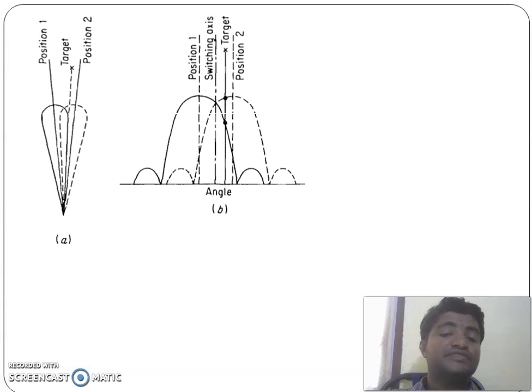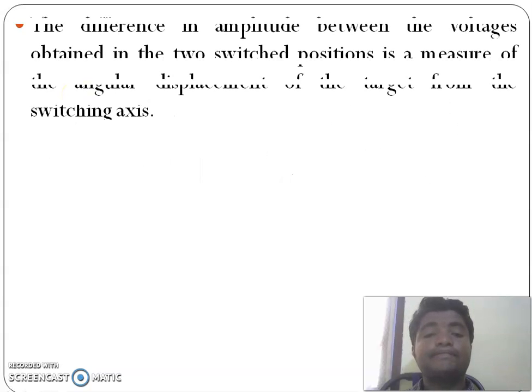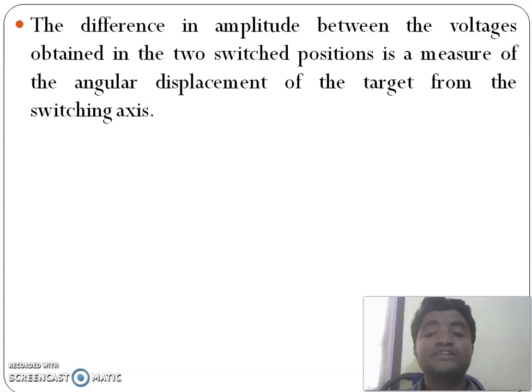By observing this waveform, these are the antenna beams of sequential lobing. The antenna beam is switched between two positions, position 1 and position 2. The difference in amplitude between the voltages obtained with the two switched positions is a measure of the angular displacement of the target from the switching axis.